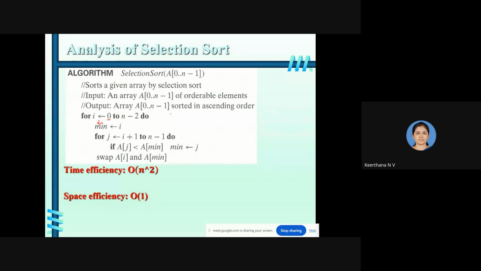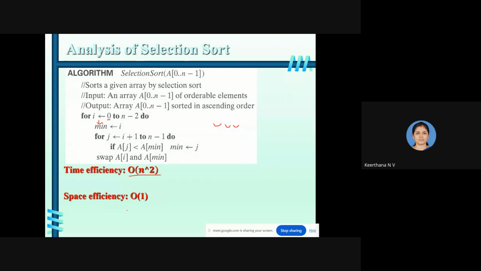So what is the time efficiency of the selection sort? Since you are doing two types of operations here, comparing and swapping, two mechanisms are involved, so the time efficiency will be order of n squared. As we discussed in module 2, these orders, the big O notations, for time efficiency and space efficiency.